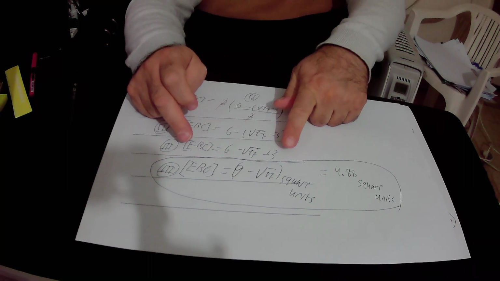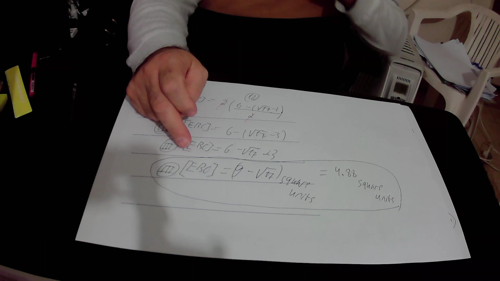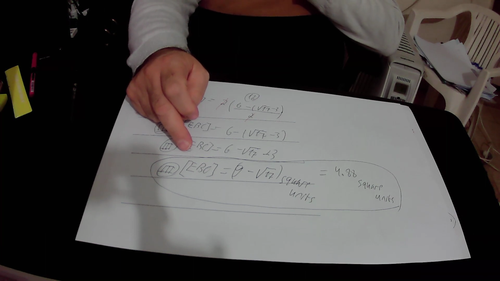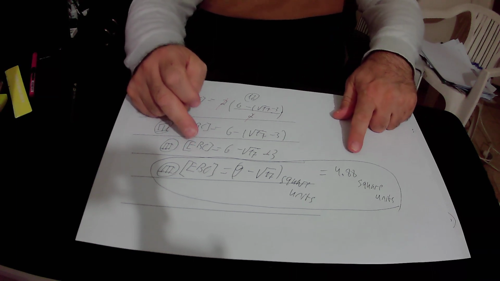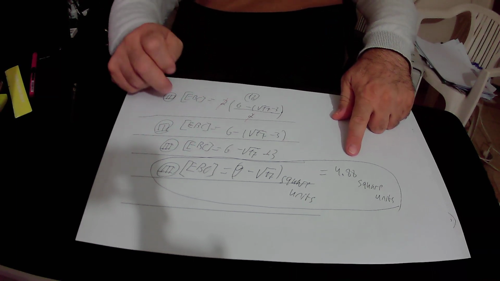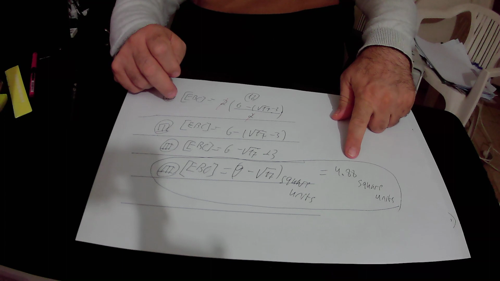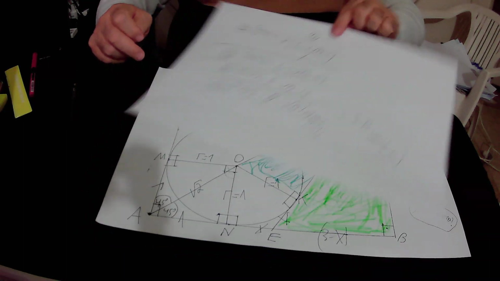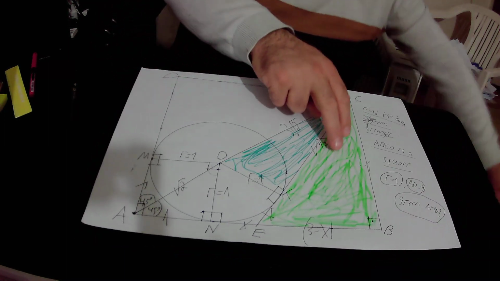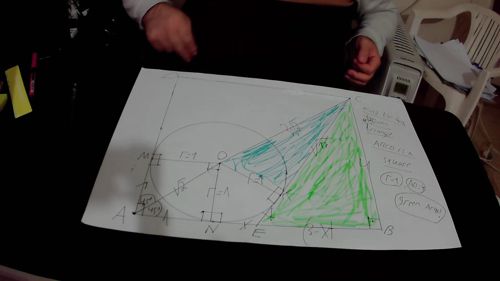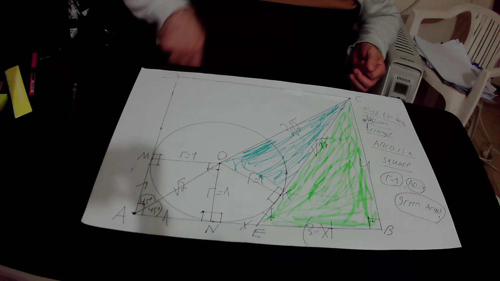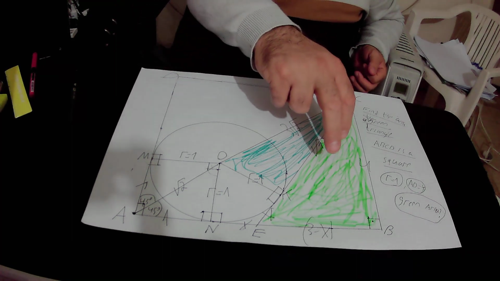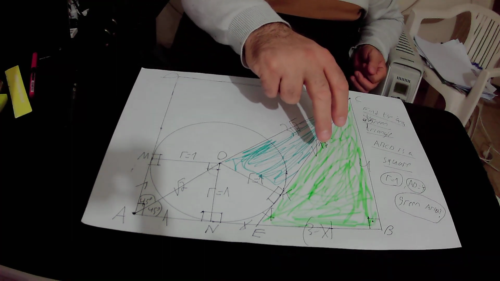So in conclusion, we found out that the area of the green triangle EBC equals either 9 minus square root of 17 square units, or in terms of numbers, 4.88 square units. I will repeat again. The area of this green triangle EBC equals either 9 minus square root of 17 square units, or in terms of numbers, 4.88 square units.